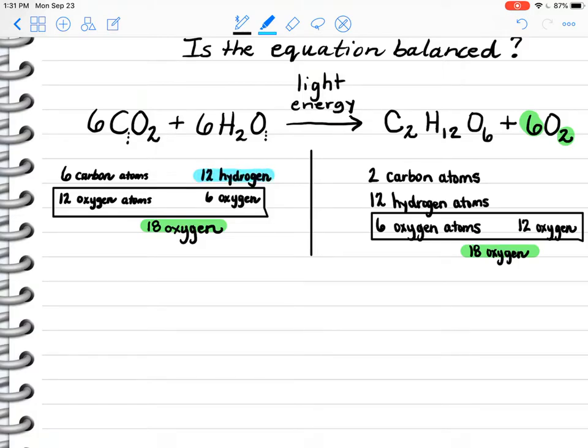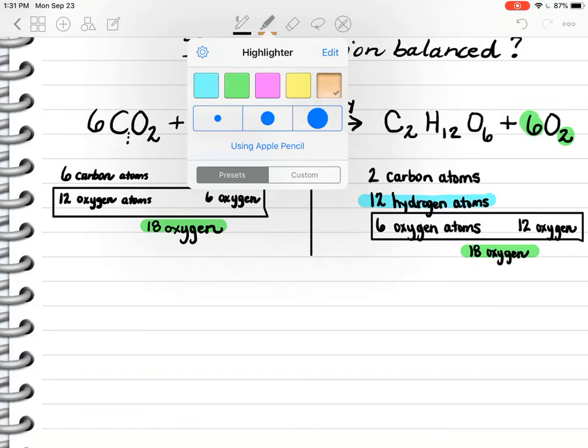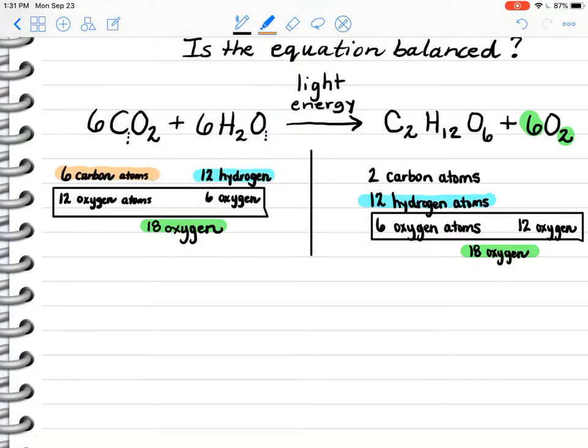Hydrogen, 12. Hydrogen, 12. So far, so good. 6 carbon. Whoa. 2 carbon. Do you see the problem? This is not a balanced equation because the carbons don't match.